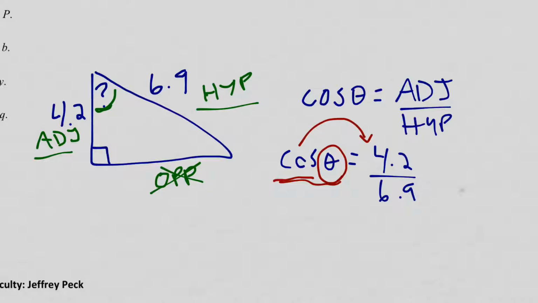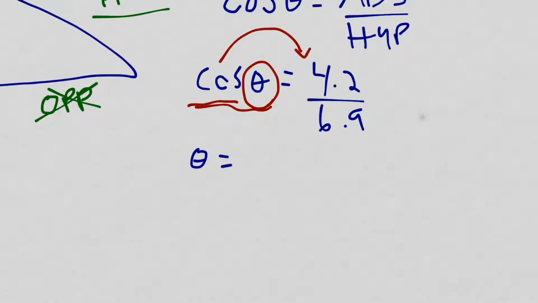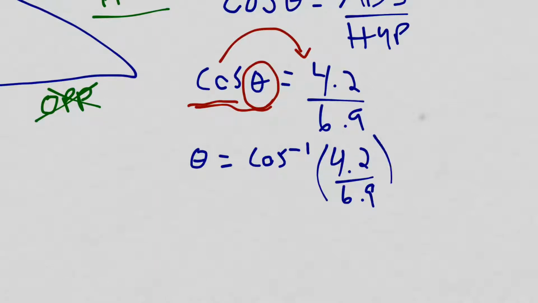Okay, so what's going to happen on the next line as we're solving this is we've now isolated the angle because cosine inverse is cos minus 1, should be shift or second function on your calculator, and what I'm going to operate the inverse cosine on is 4.2 over 6.9 as we have above, and notice I put it in brackets. This will ensure that your calculator actually uses the inverse cosine function on the result of the fraction.